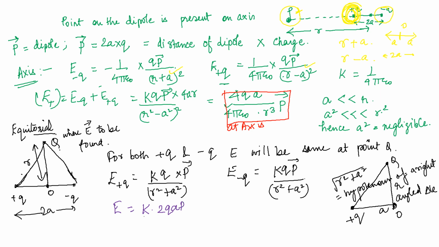AP divided by, that's so in negative because one of the values is negative, and here we will get as denominator R square plus A square the whole 3 by 2, that will be E equivalent. Okay, so these are the formulas you should know before solving this problem.